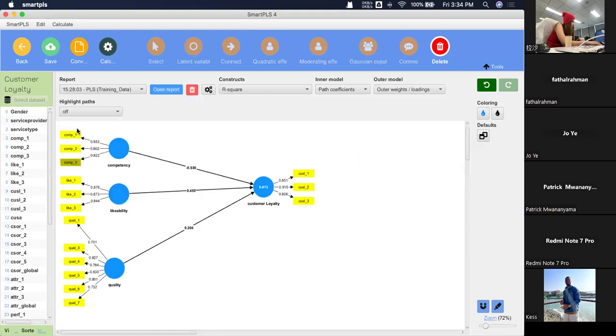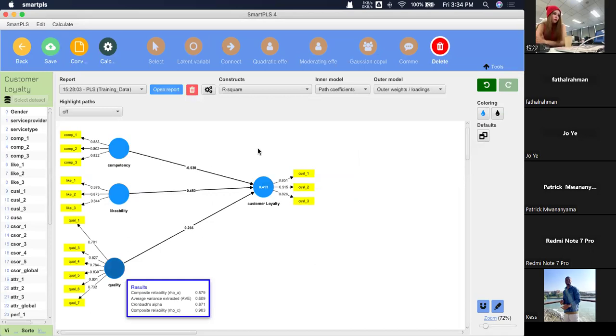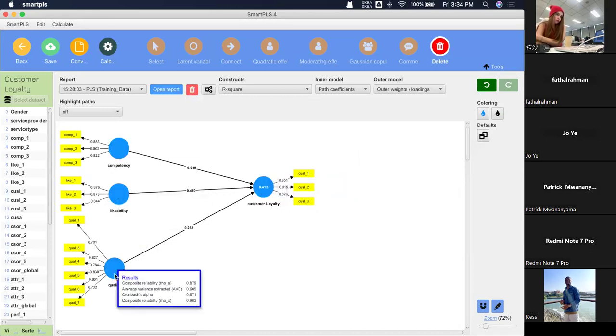So if COMP1, COMP2 is having a very high correlation with any of the other latent constructs, it simply means there's no discriminant validity in my data. My data is measuring the same thing, and that is not what we want. That is the whole idea, the layman's concept of discriminant validity.